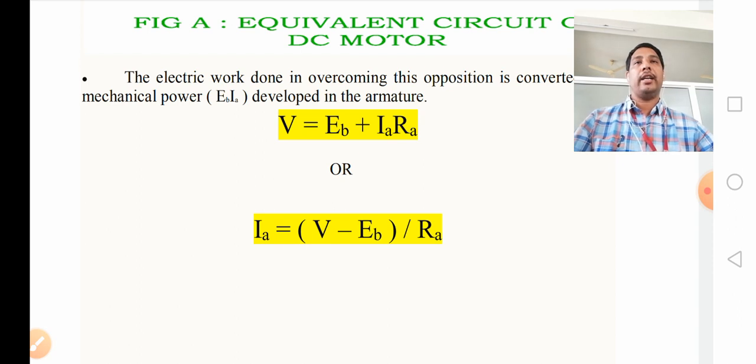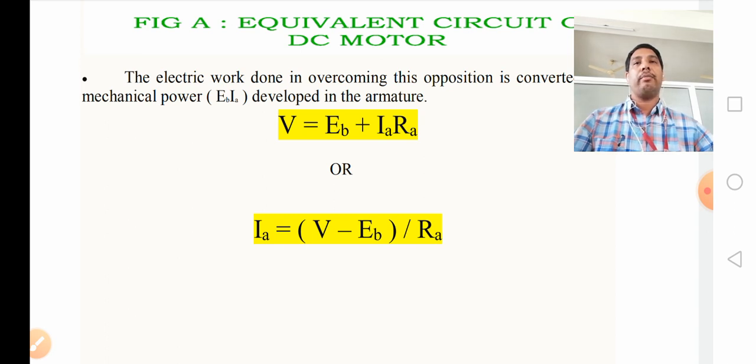These are the main considerations we have taken for developing the voltage equation from the equivalent circuit of the shunt motor. So V is equal to EB plus IA RA.